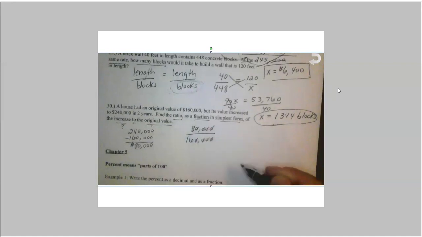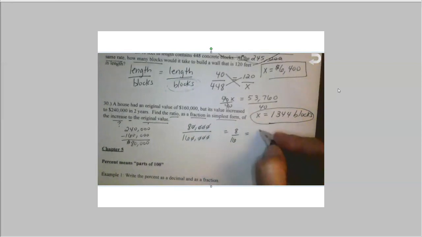Follow this example. I can cross out an equal amount of zeros on top and bottom. Really simplified that. It's like dividing them both by 10,000. That leaves 8 over 16. That will reduce again, both by 8, and I get 1/2, 1 to 2. So it's a ratio, a fraction in simplest form.